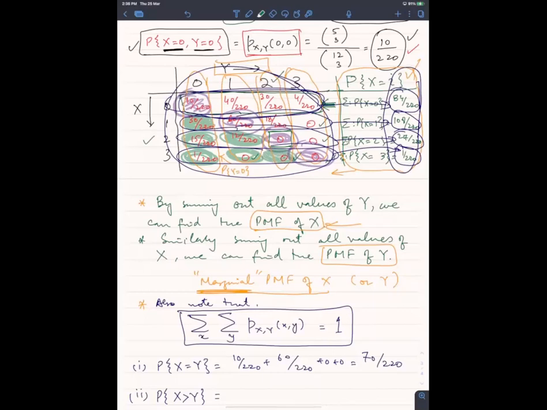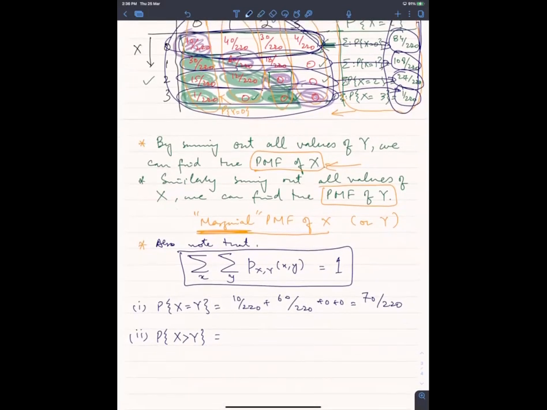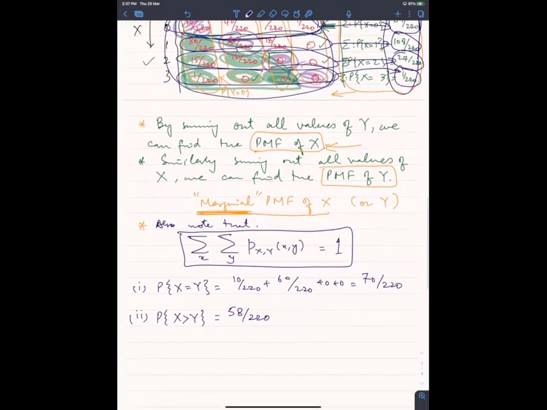The green ones I have shaded, you have to add all of these up, and this will give you the probability that x is greater than y. So the probability x is greater than y, add these up: 12 plus 30 plus 15 plus 1, 42, 57 and 158. 58 by 220. Lower triangle on the left.